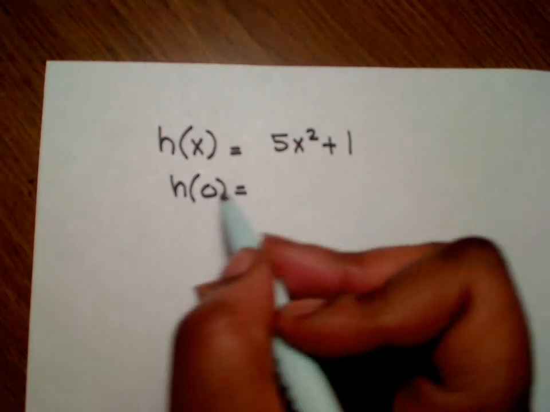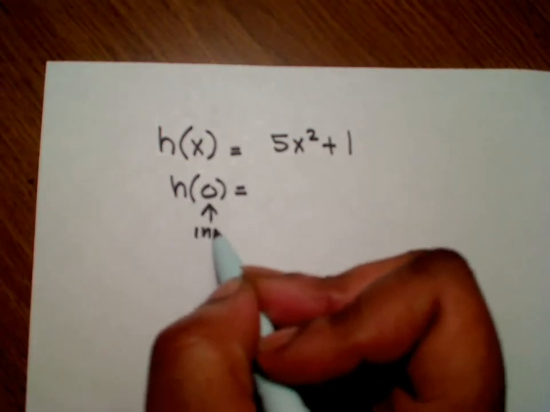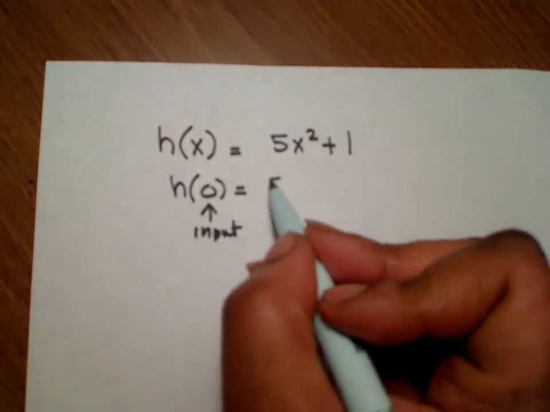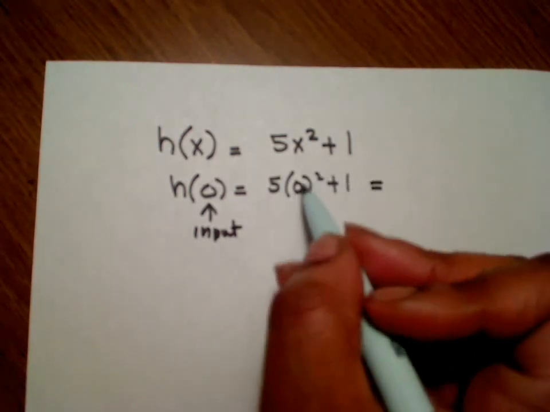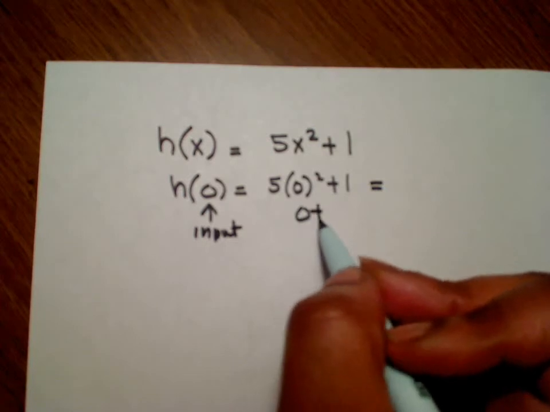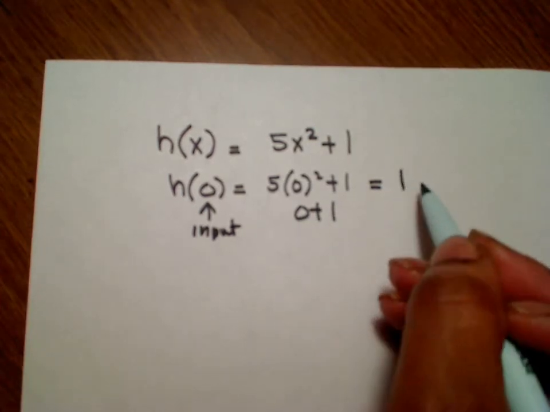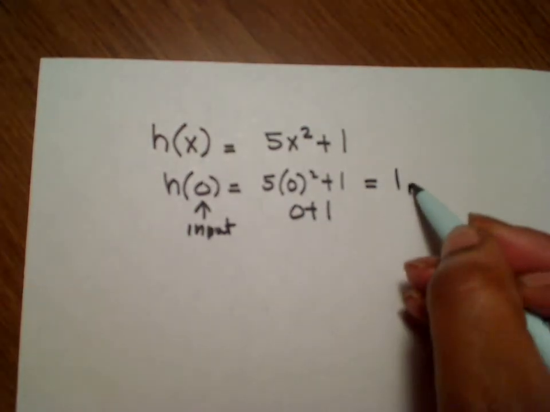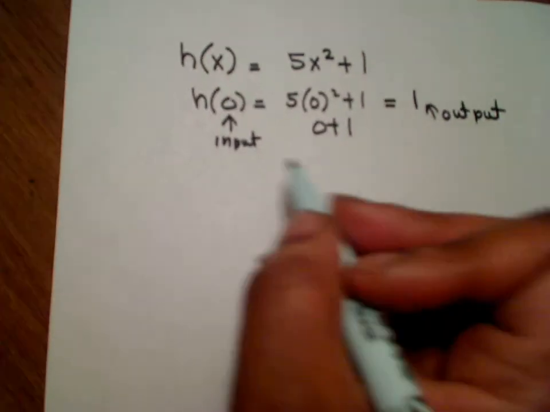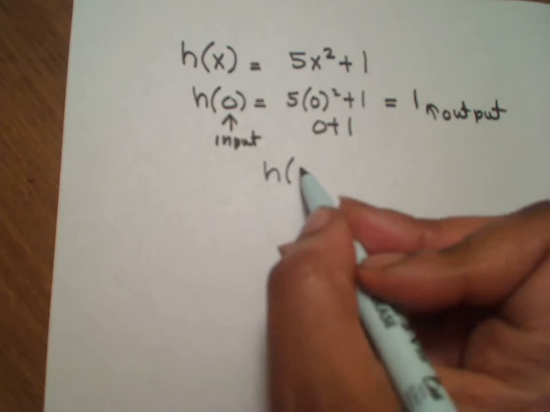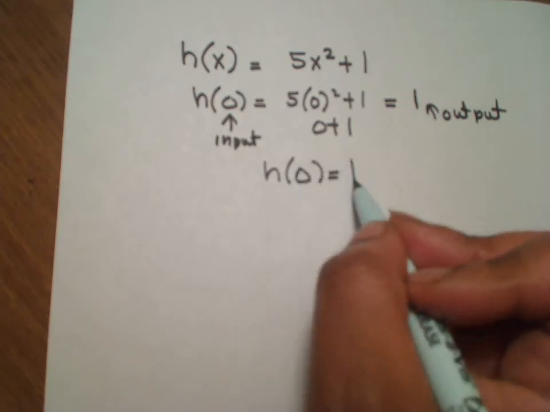So here's my input. I'm going to do my math. Here I end up with 0 plus 1, and so 1 happens to be the output. So h of 0 equals 1.